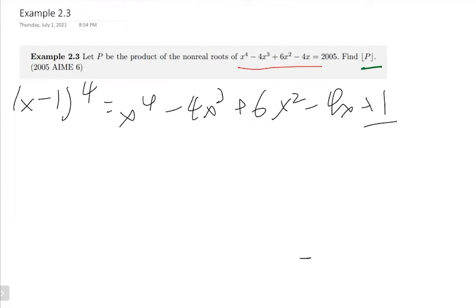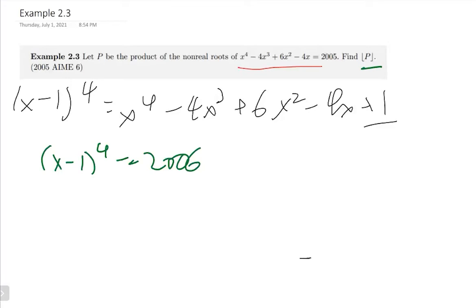All right. So first we can add 1 to both sides and then factor the left side, right? So then we would get x minus 1 to the fourth is equal to 2006.